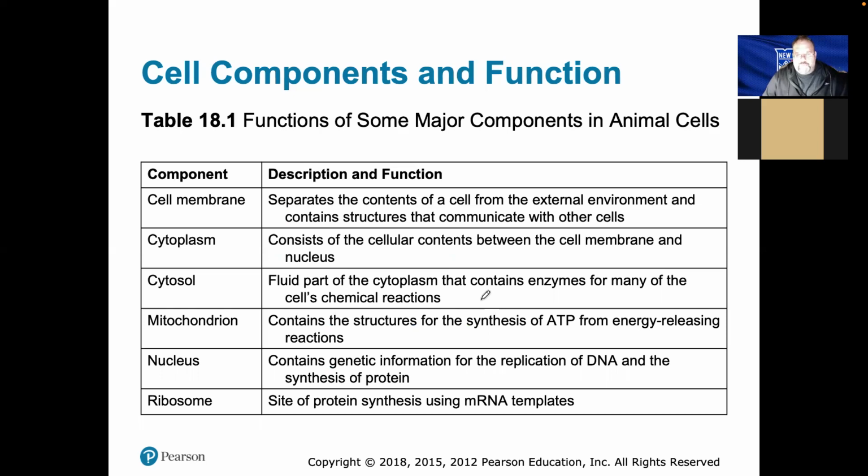The mitochondrion contains the structures for the synthesis of ATP from energy-releasing reactions. The nucleus contains genetic information for the replication of DNA and the synthesis of protein. And then the ribosomes, which we saw in the previous chapter, are the sites of protein synthesis using messenger RNA templates.